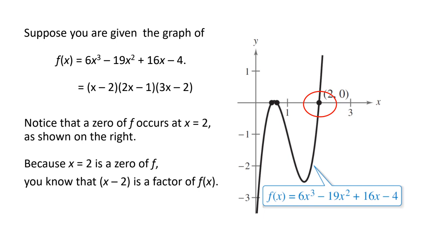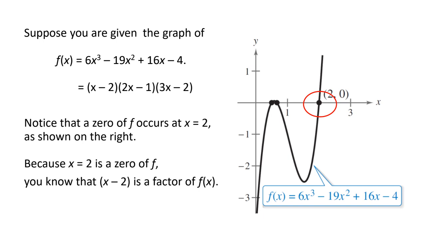So we've covered this section before, but let's suppose that we have this function 6x cubed minus 19x squared plus 16x minus 4. If we were to factor this out, we would be able to find our zeros, or our solutions of our graph, or our x-intercepts of the graph.